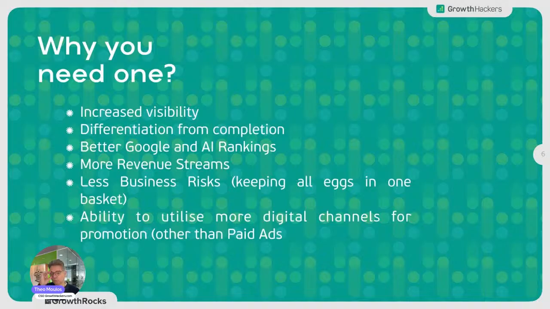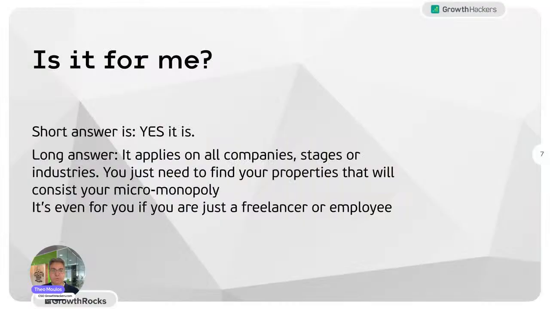That is also very important because every part of the micro-monopoly comes with its own revenue streams. Less business risk because you don't put all your eggs in one basket, and obviously because you have more channels to utilize rather than just one for different paid promotions or different kinds of promotions.